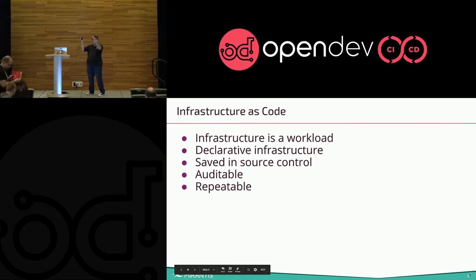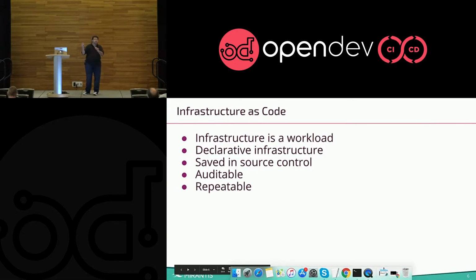This is what I want. I want this many servers, and I want them to do this, and I want them to be networked in this way, and so on and so forth. It's not so much that you are defining what is, but you are defining what you want. That is able to be saved in version control. You can audit it. And most importantly, if lightning strikes your data center, you can replace it.